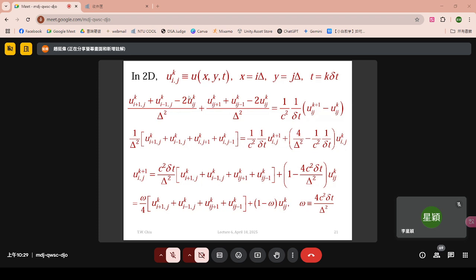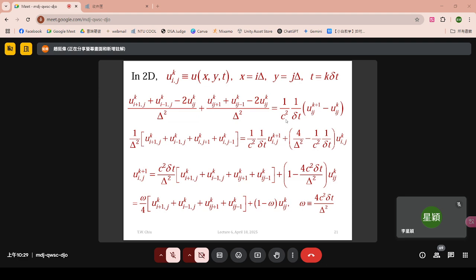Now if I write down this 2-dimensional diffusion equation, on the left-hand side is just the Laplacian in 2D, and the right-hand side is the first derivative, the finite difference in time.